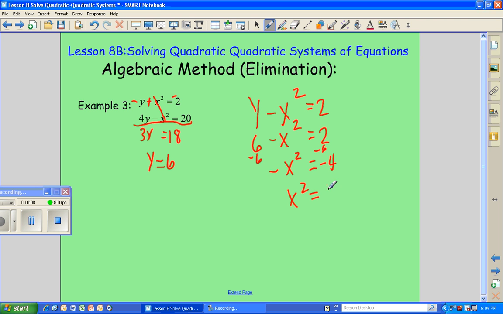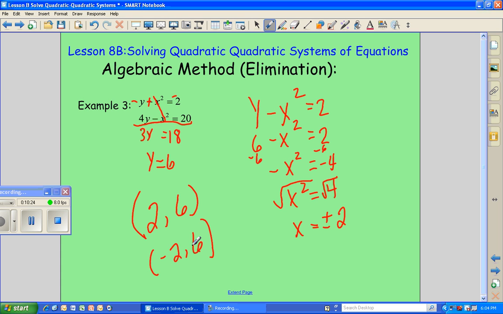So x squared equals positive 4, so x equals, and again, remember, I'm putting the square root into the problem, so I need to remember a plus or a minus 2. So this guy's going to have two answers. He's going to have 2 with 6, and he's going to have negative 2 with 6. Okay, so that's how you can do quadratic systems. Not much different from the linear quadratic systems. You just got to be careful, especially using that calculator.